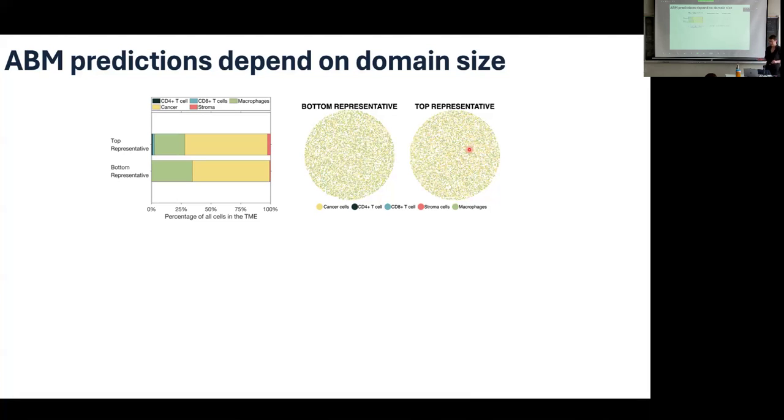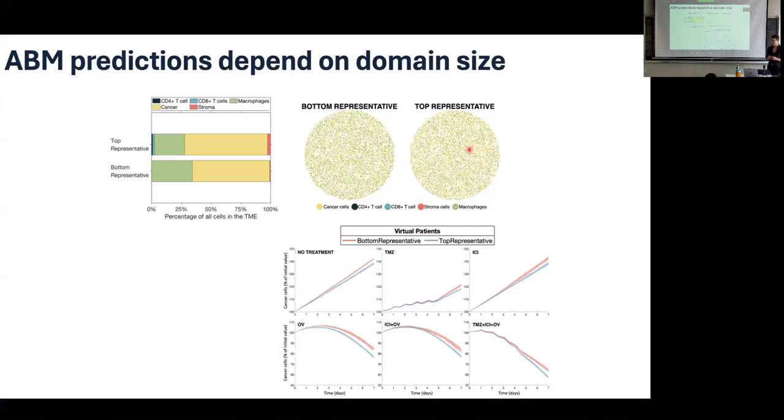This is more realistic. And it turns out that our agent-based model predictions depend on the initial number of cells. So though we still get this reversion here, which is fast, we now have that the bottom individuals don't respond better than the top individuals, which is what we know would happen on these patients. One of the takeaways from Blanche's work was that though IMC data is amazing to have, you have to be quite careful about how you use them.